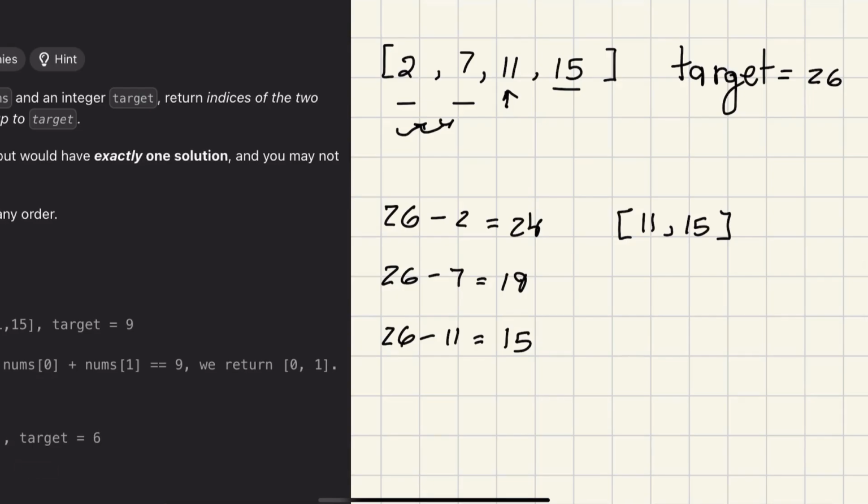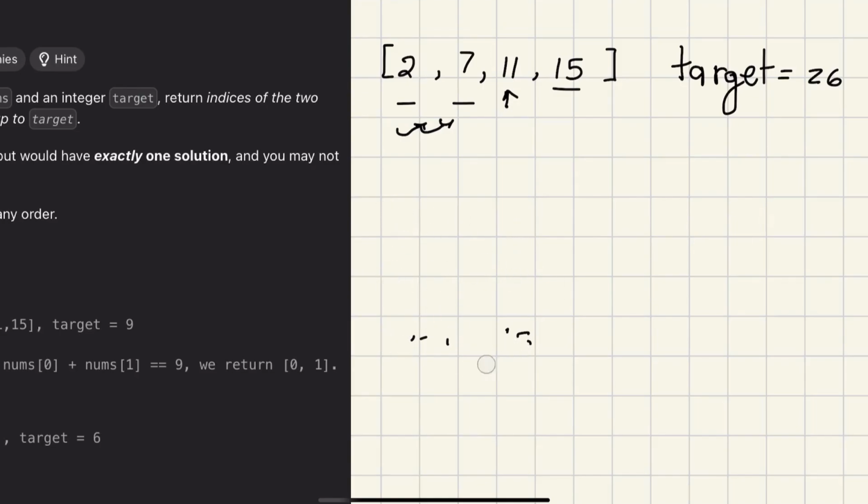We don't know that, and there isn't an efficient way of doing this, unless we use this other method. Now, if we were to keep track of the numbers that we've already gone over in some sort of memory as a hash map, we can actually store their indices as well as their values.